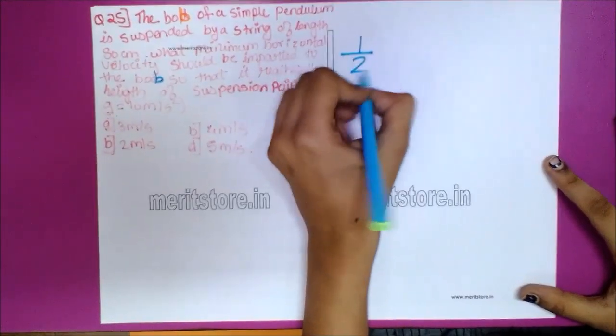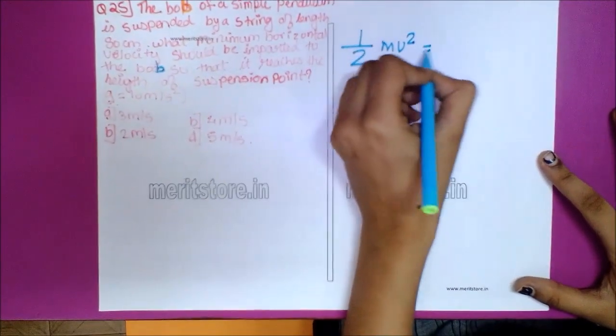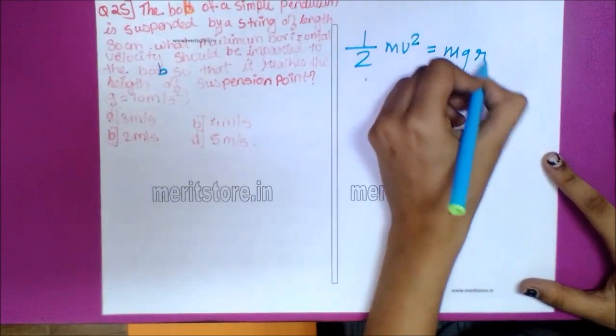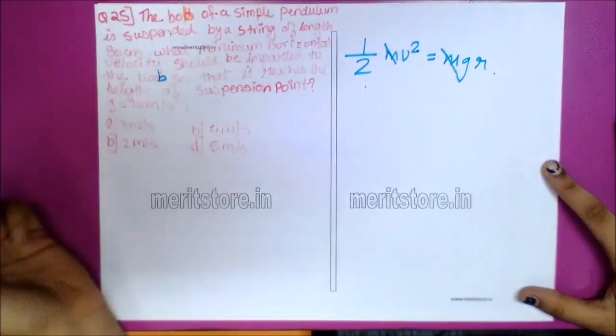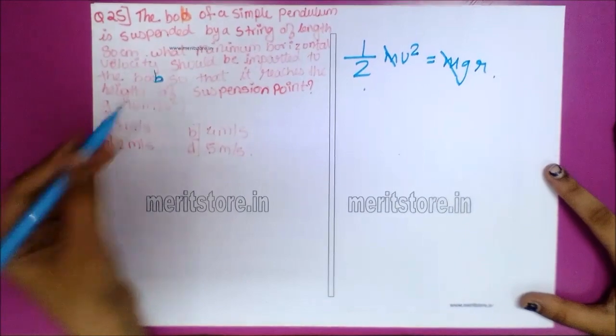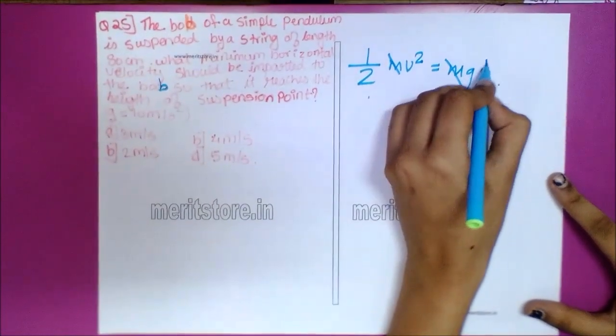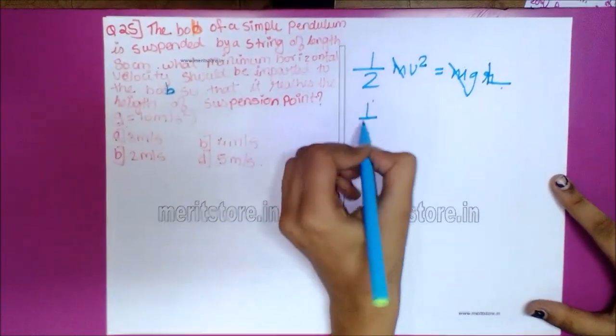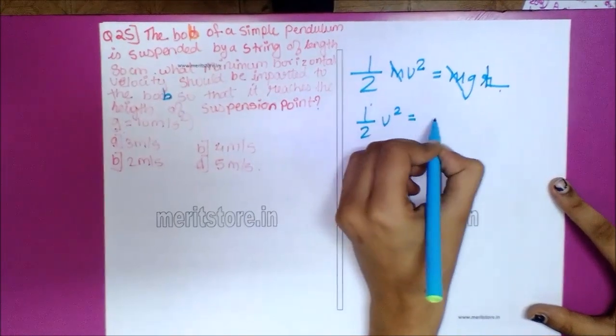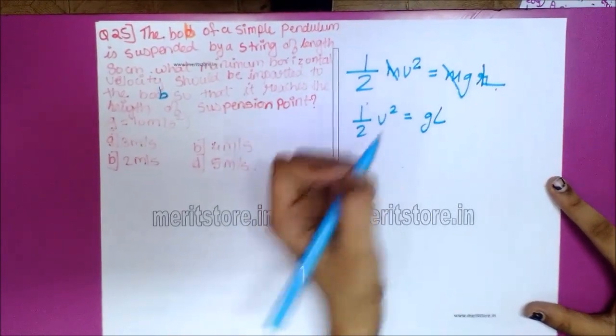So we know for minimum velocity, half mv square is equal to mgr. The m and m get cancelled, and over here we have been given the length of the string, so instead of r we will write l. So this will be half v square is equal to gl.